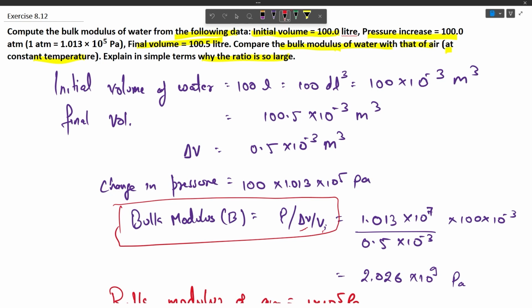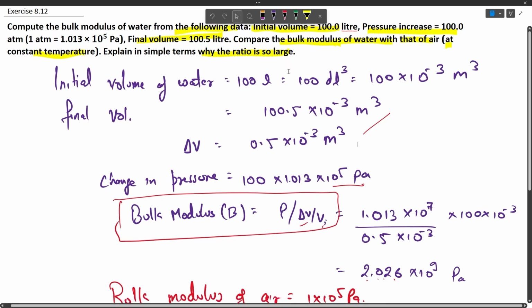Now atmospheric pressure is defined as 1.013 into 10 to the power 5 Pascal. So upon calculation of this expression, we will get the bulk modulus of water, and we have calculated it as 2.026 into 10 to the power 9 Pascal. So here the unit of volume that is given in liter needs to change in meter cube. So we have changed it over here.